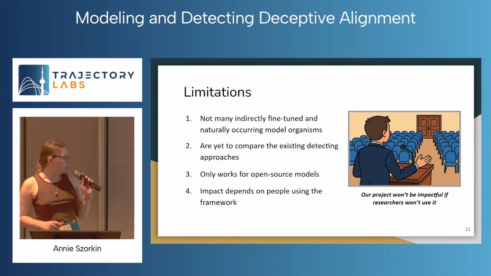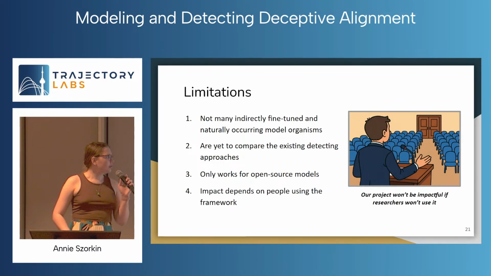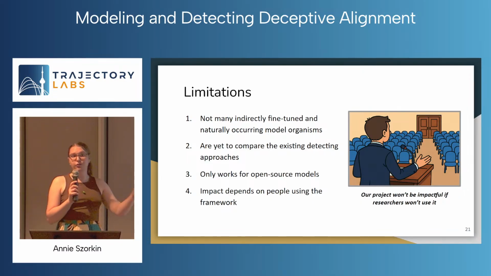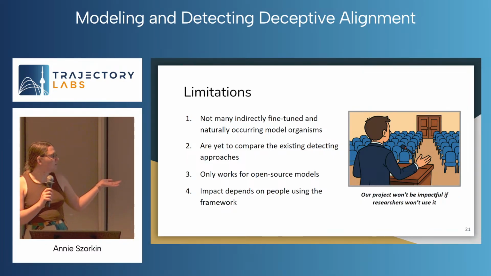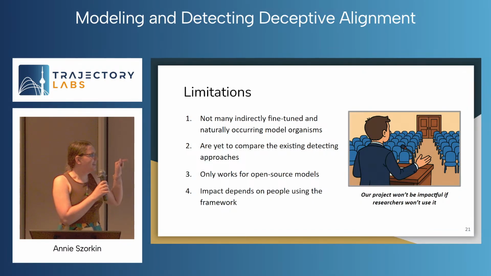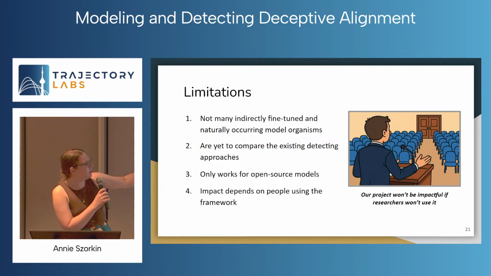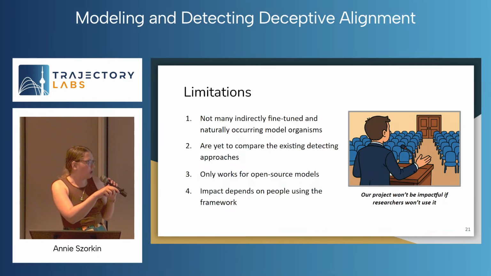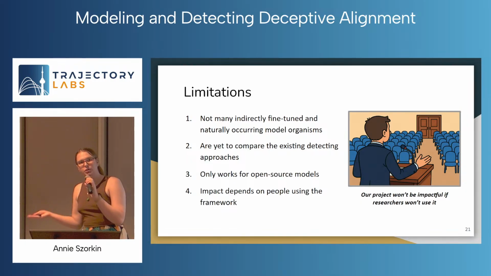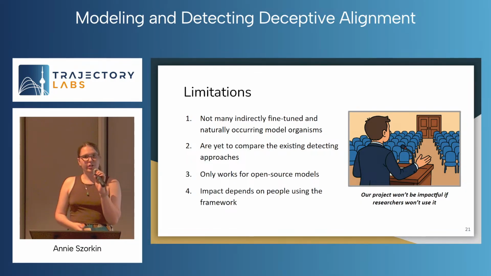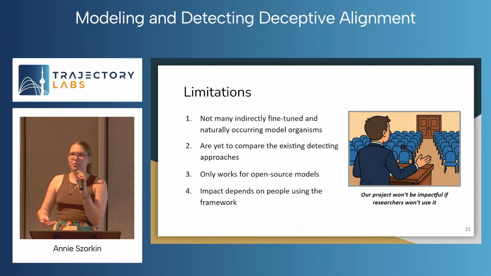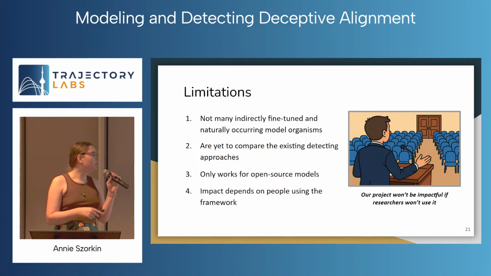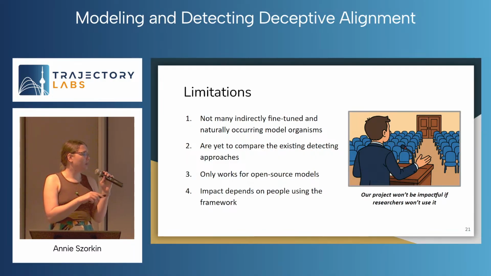Yeah, so this brings us quite close to the end, to the limitations of this work. We're struggling with naturally occurring model organisms. We weren't able to find anything among Llama 7B showing deceptive alignment in a realistic setting straight away, so we had to fine tune it.